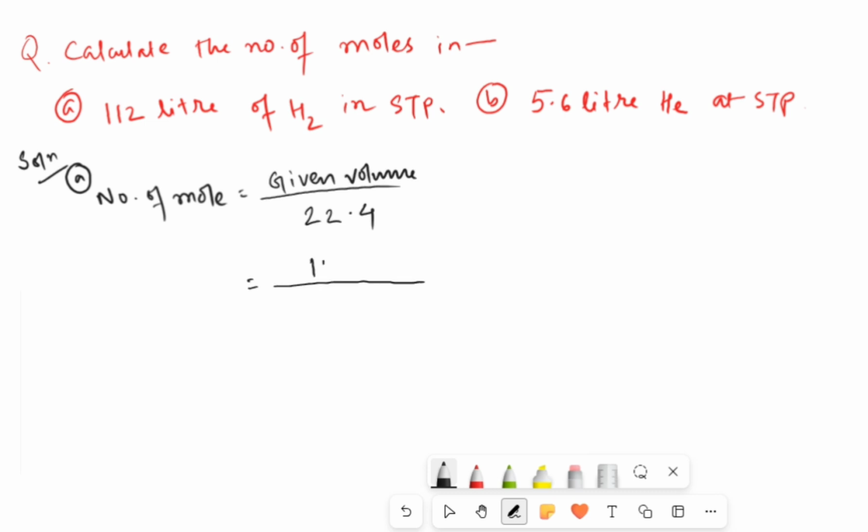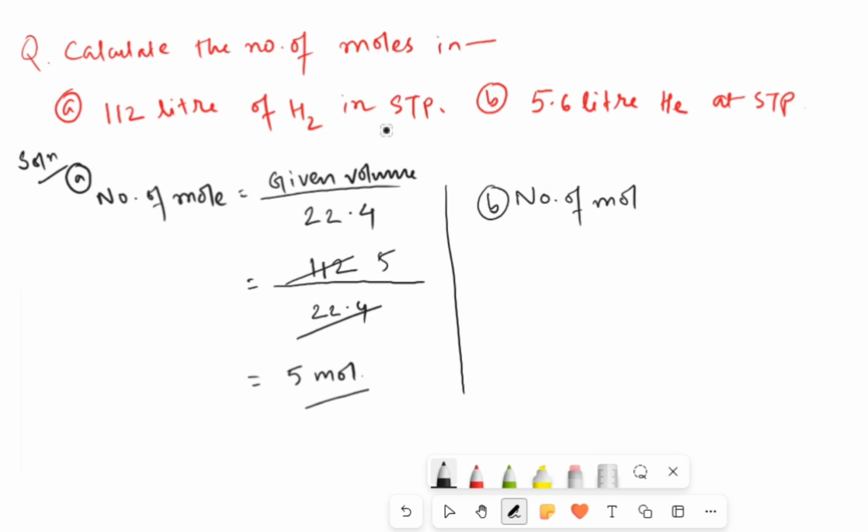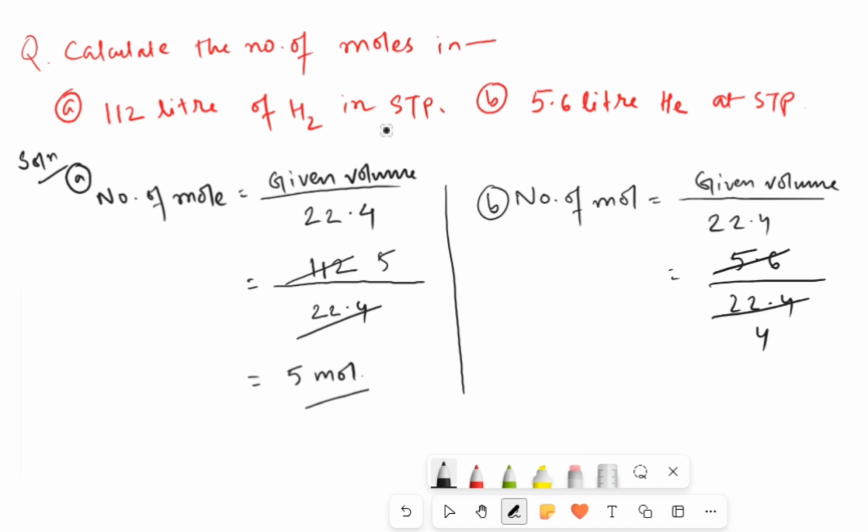So given volume for the first question is 112, so 112 divided by 22.4, so हम लोग इसको कैंसिल करेंगे तो 5 टाइम्स से कैंसिल हो जाएगा, तो आंसर विल बी 5 मोल्स। सेम फॉर नंबर बी, again number of mole will be equal to again given volume at STP by 22.4, so 5.6 divided by 22.4, so इसको हम लोग कैंसिल करेंगे, so it will go 1/4, so 1/4 means 0.25 mole.